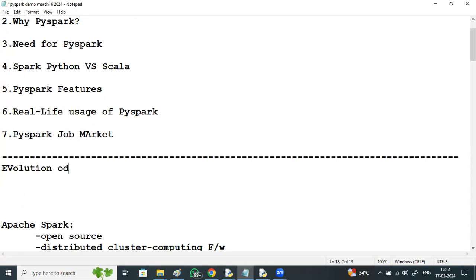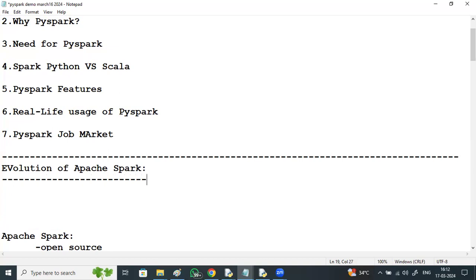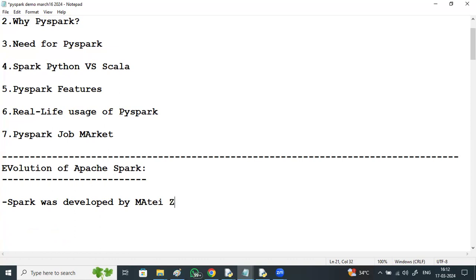Evolution of Apache Spark, right? Spark was developed by Matei Zaharia in AMP Lab, Berkeley, in the year 2009.